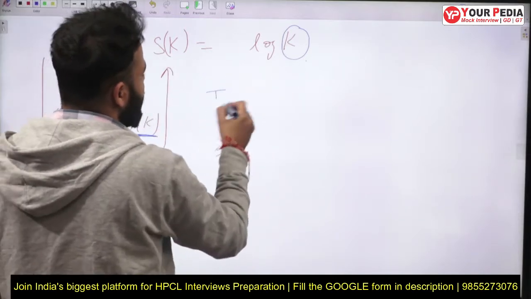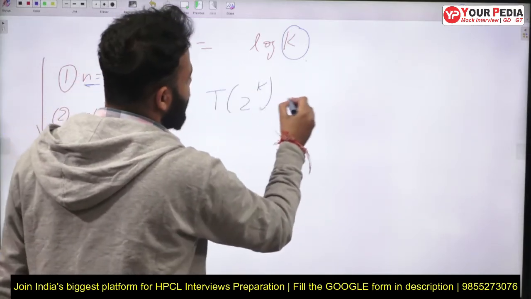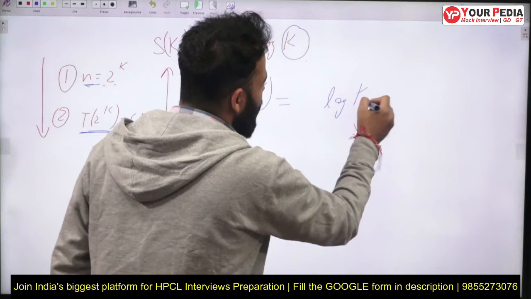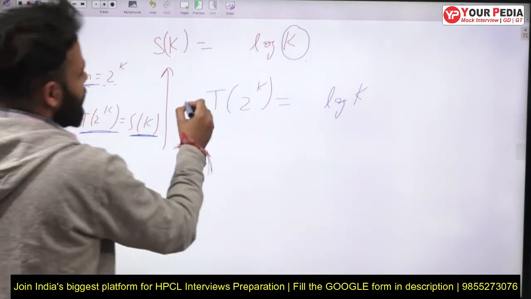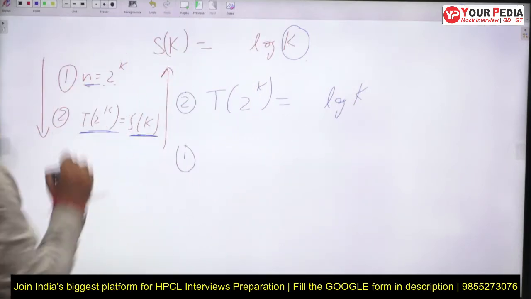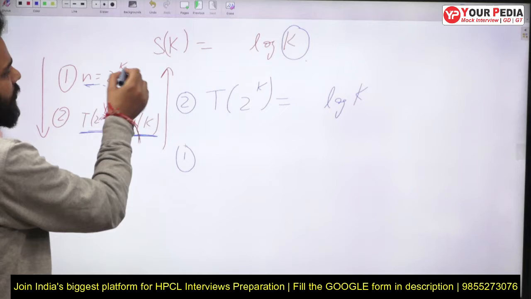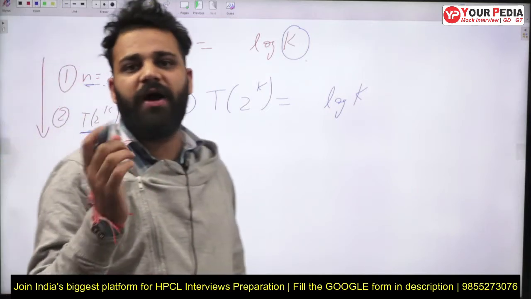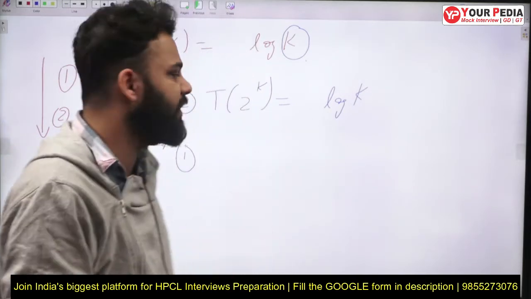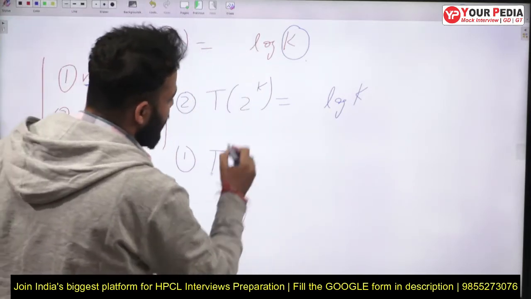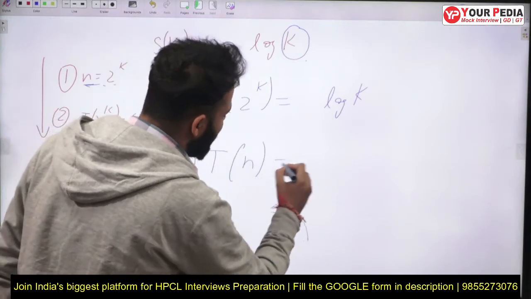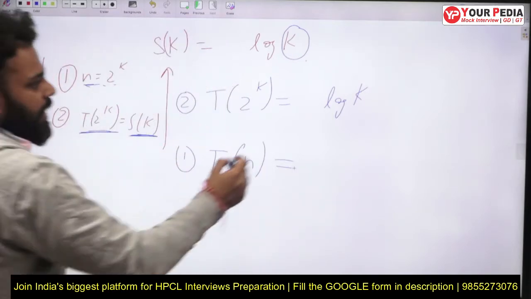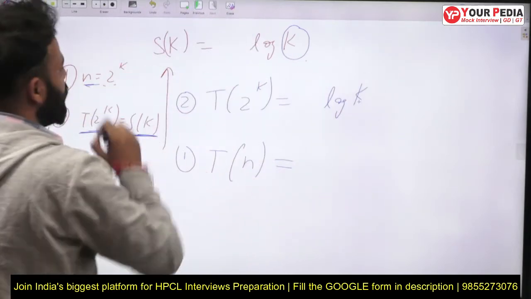So what we will put here is T of 2 raised to power k is equal to log k. Now the first substitution that we made is n is equal to 2 raised to power k. So wherever you find 2 raised to power k, you will replace it with n. Now you can find k here, but not 2 raised to power k.